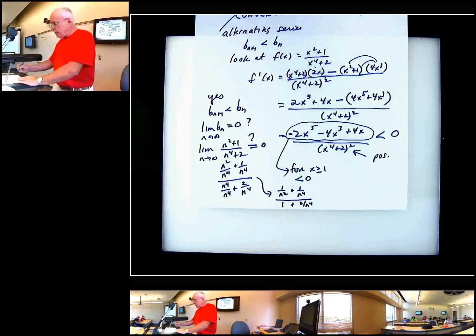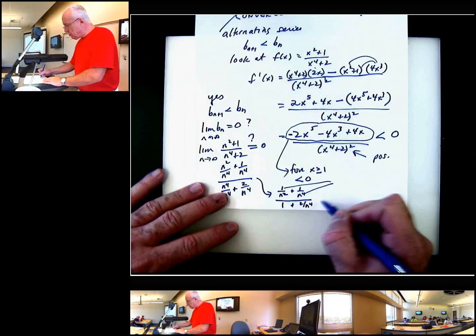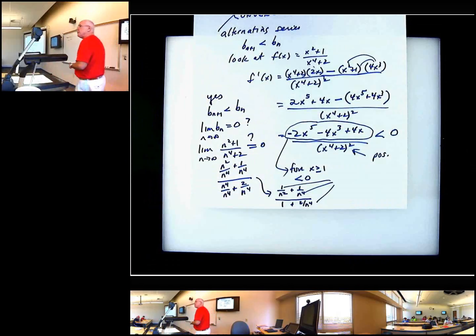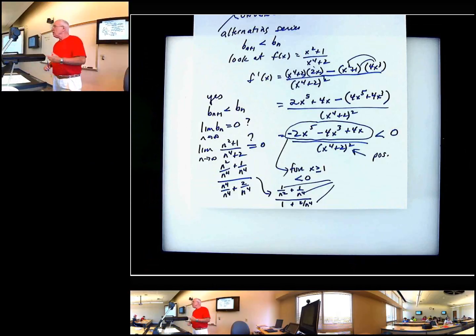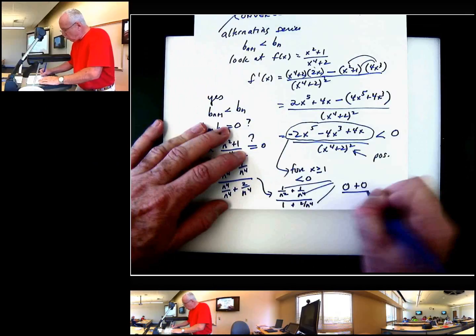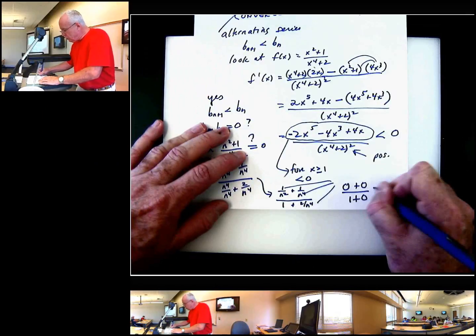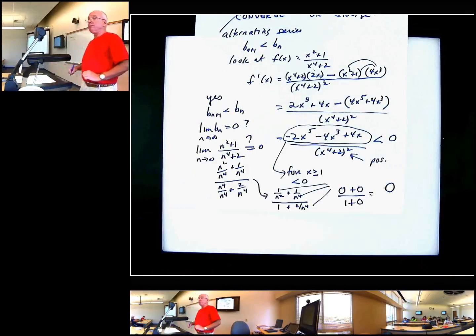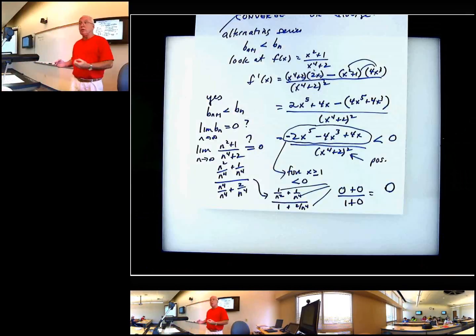Now, what are the terms with the n squared and the n to the 4th going to as n gets bigger and bigger? They're going to all go to 0. So we're going to have 0 plus 0 over 1 plus 0, which is equal to 0. So therefore, the limit is 0, and the terms get smaller.